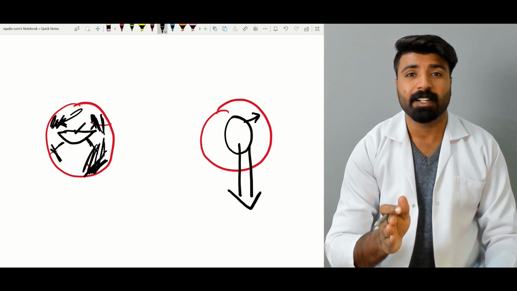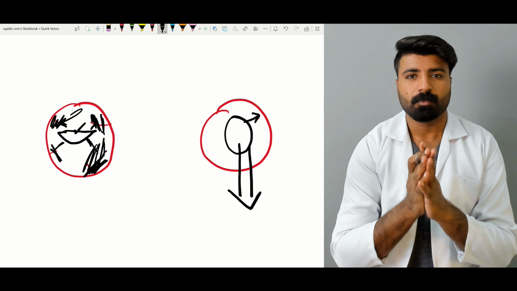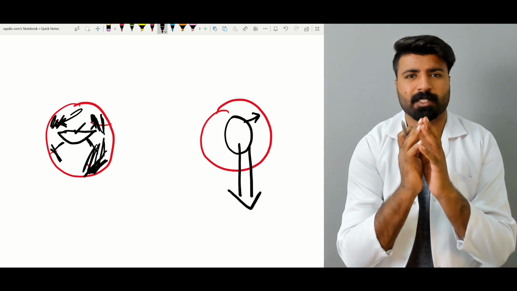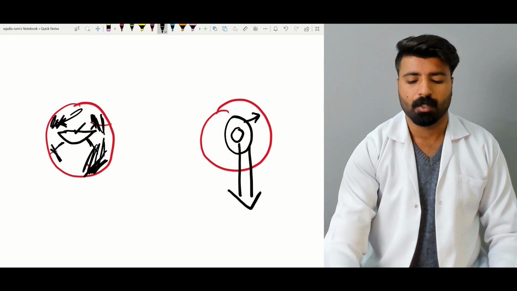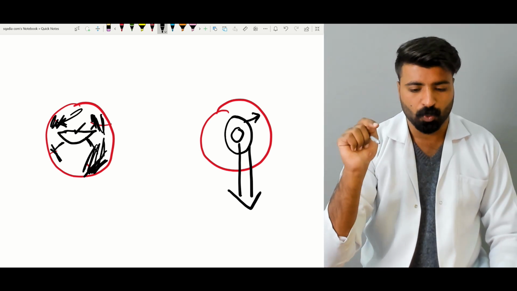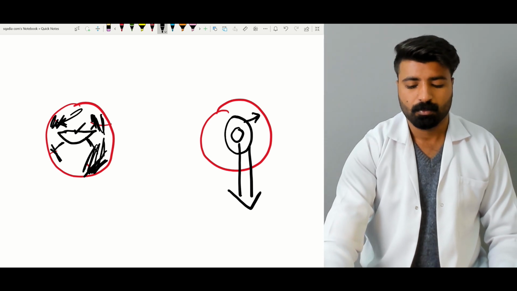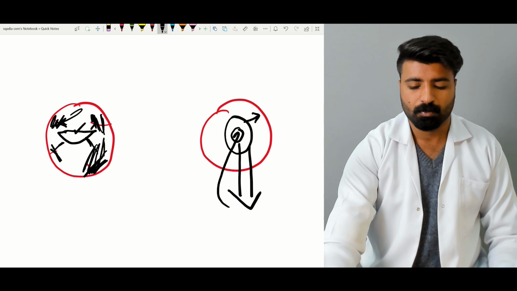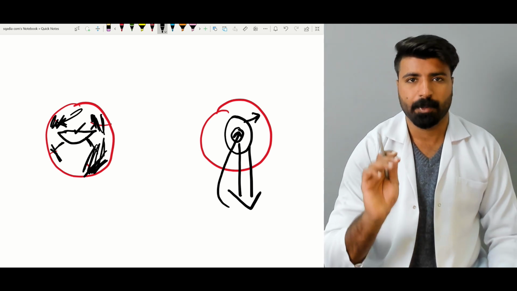But even in diastole, it's not being closed. It stays open up to some extent, even up to this extent. So what will happen? The blood that was supposed to go down, the blood that was supposed to go out of it, some of it goes back. That's called aortic regurgitation. I hope you get the point.